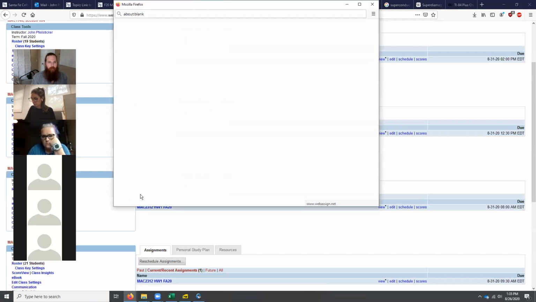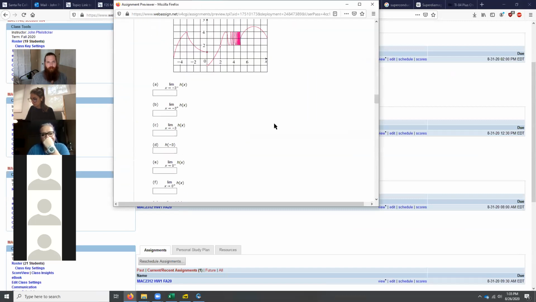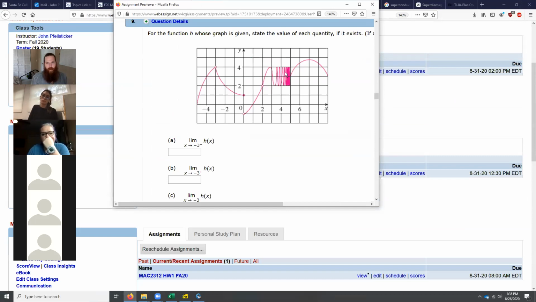One of your homework problems has something similar to this. Here you have this kind of dense, rapid oscillation getting faster and faster as you approach 5. As you approach 5 from the right, it looks like you are getting closer and closer to 3.